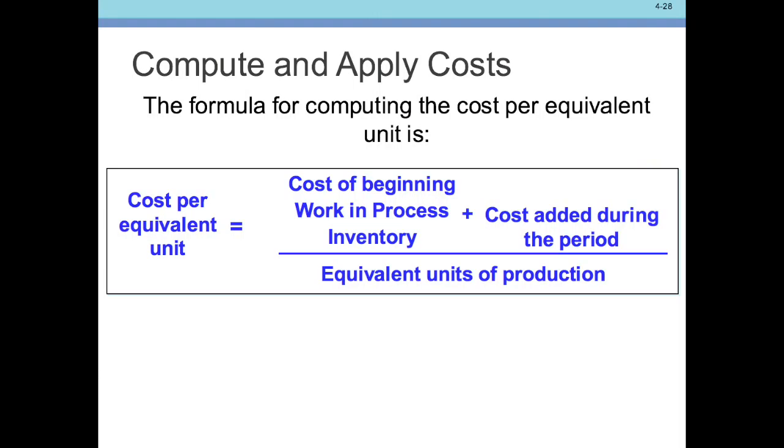So if you take these two numbers and think about how we're going to apply the costs, the formula for computing the cost is cost per equivalent unit, that's the actual dollar amount per one unit, equals the cost of all of the beginning inventory plus the cost added during the period divided by how many units of equivalent production there were.